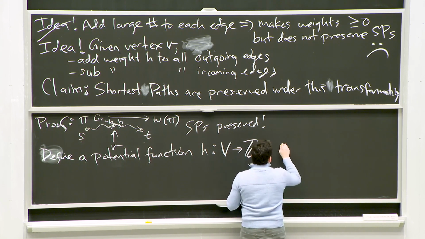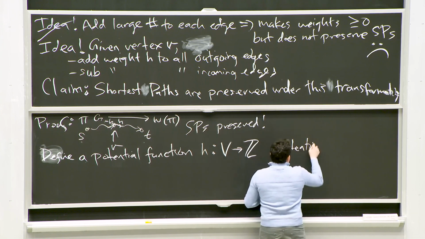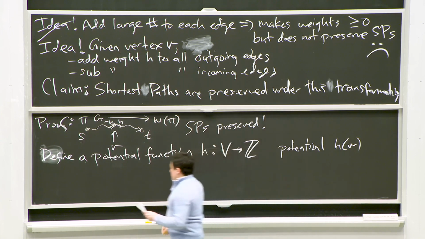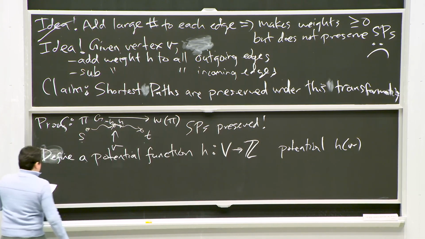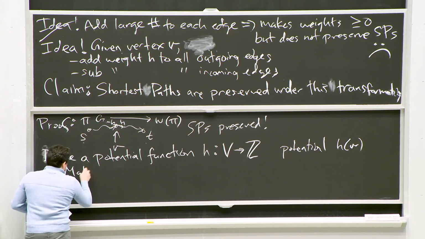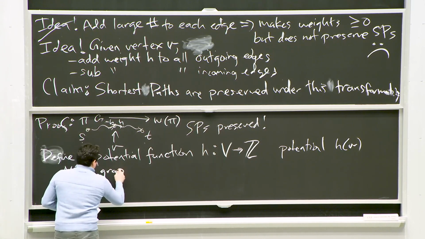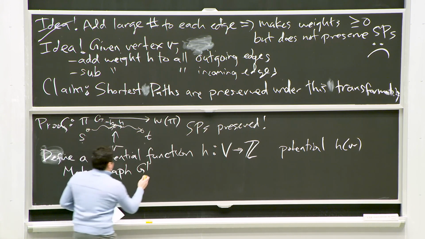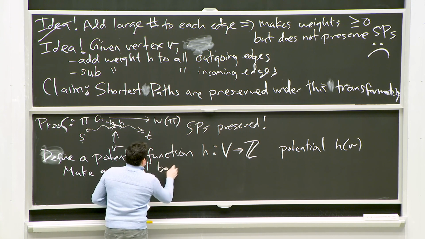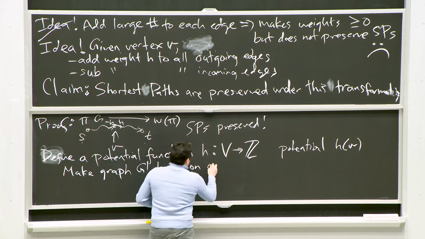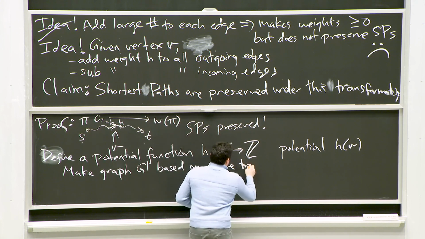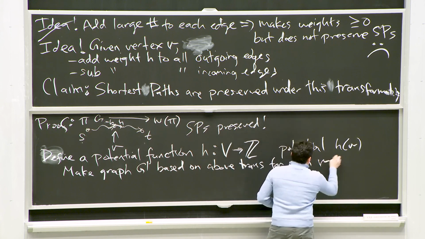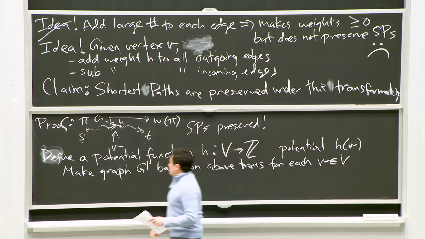So this is the potential H of V. Okay. And then we're going to make a graph G prime based on the above transformation for each vertex in V. Okay?